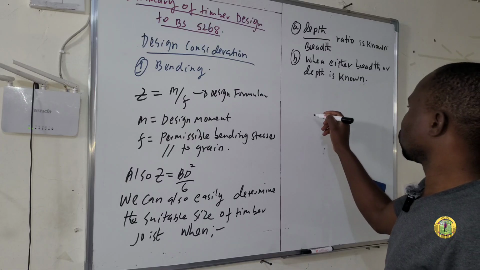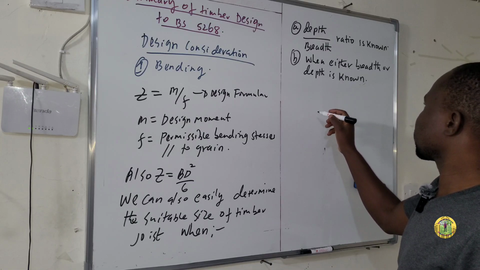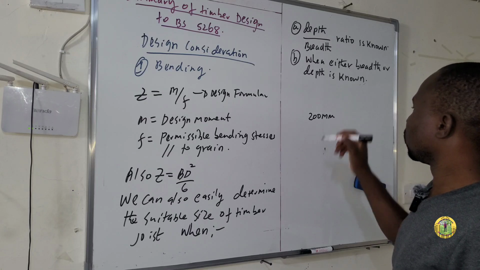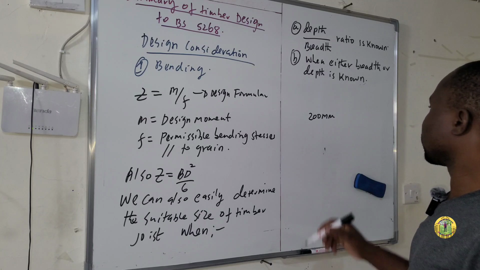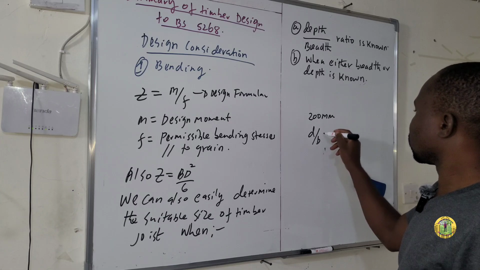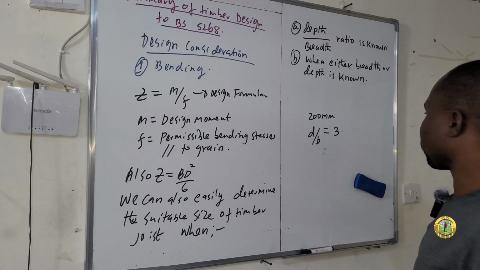For example, you can be told a timber joist has a breadth of 200 millimeters and depth to breadth ratio is equal to 3.